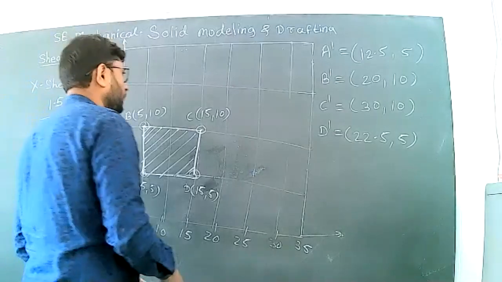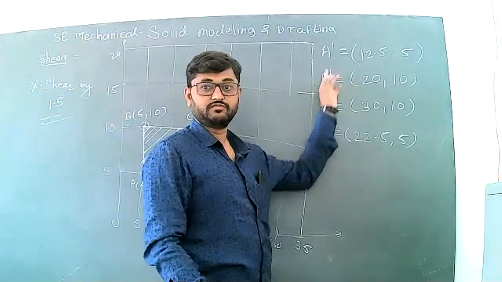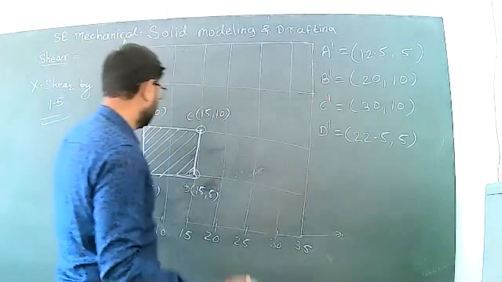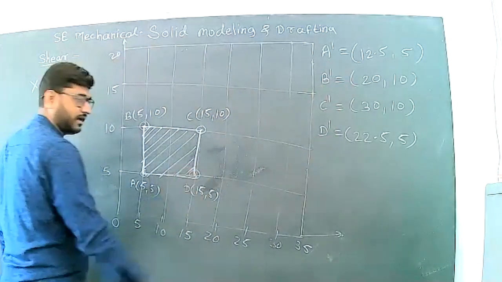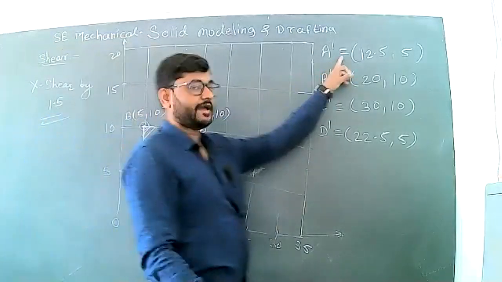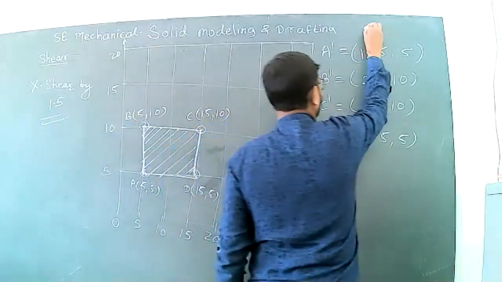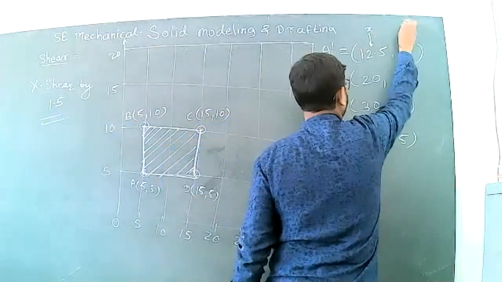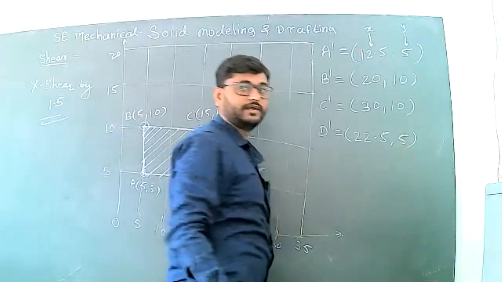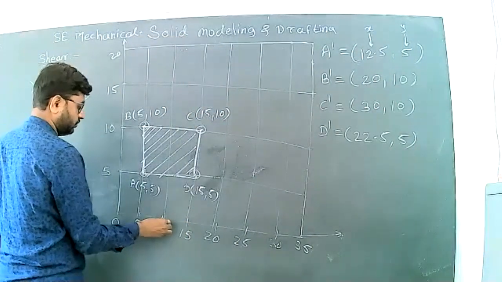So we have to plot these points of the new rectangle on our graph, that is our x and y axes. A dash has x coordinate 12.5 and y coordinate 5.